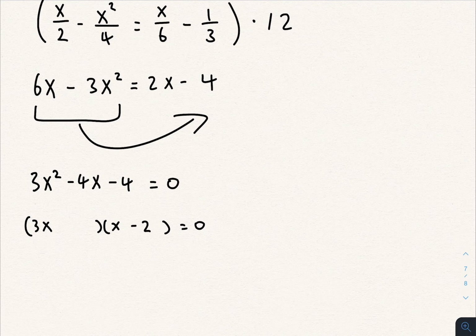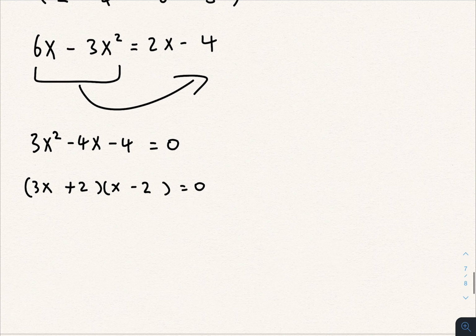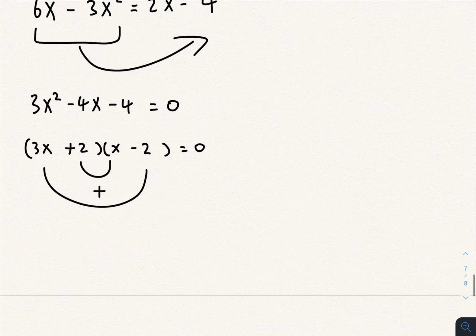If we put negative 2 here, positive 2 here, negative 2 and positive 2 multiply to negative 4. 3x times x is equal to 3x squared. When we multiply these two together, multiply these two together, and add them, that should add up to negative 4x. So in this case, it's 2x and then negative 6x. So that does add to negative 4x.